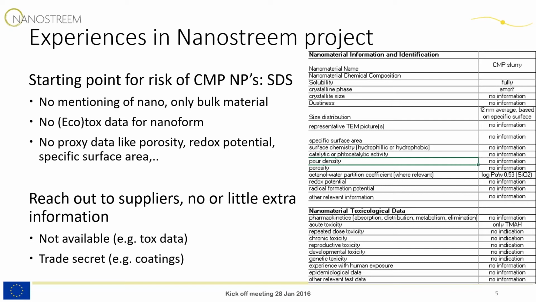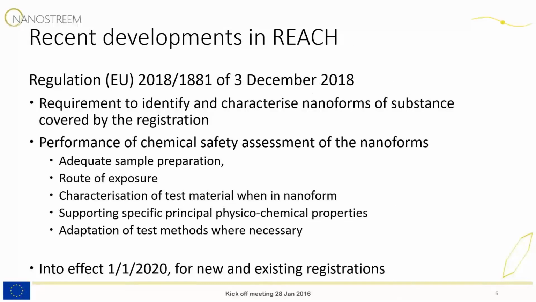So that means that there is very little specific information about the nanoform of these materials. Reaching out to suppliers also gave little or no extra information, either not available or talking about, for example, the coatings because of trade secrets.